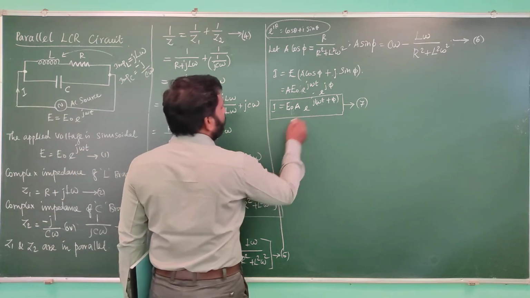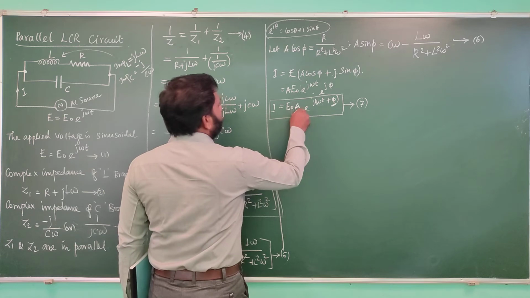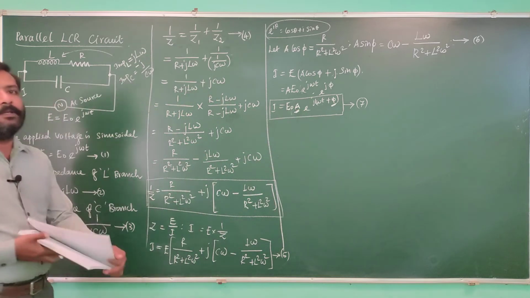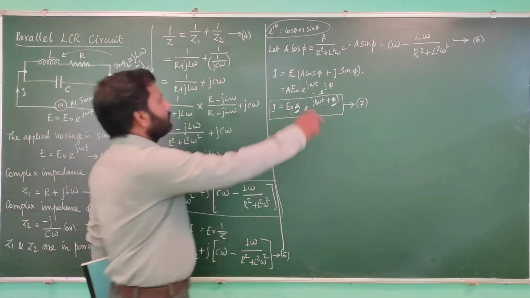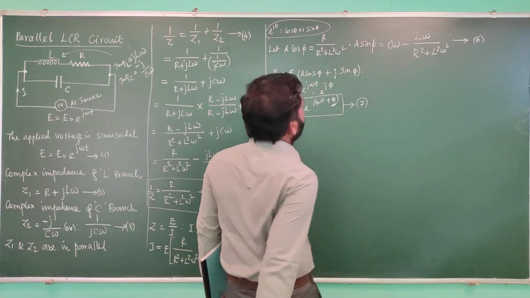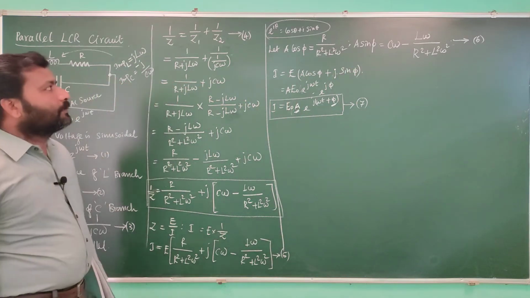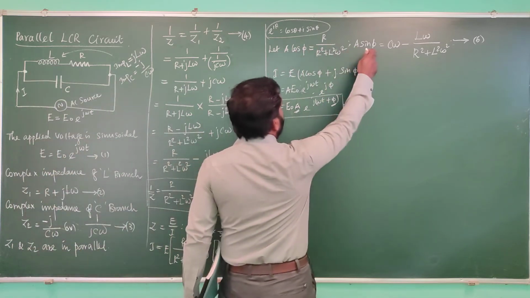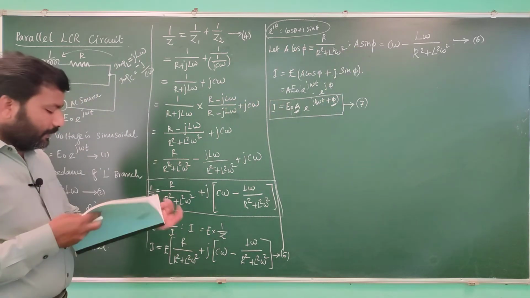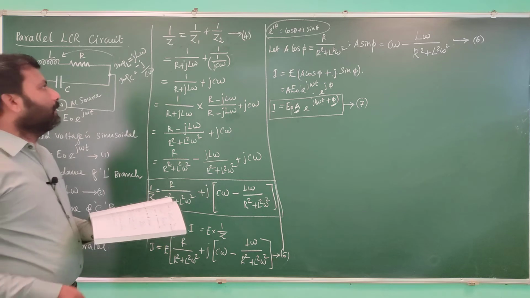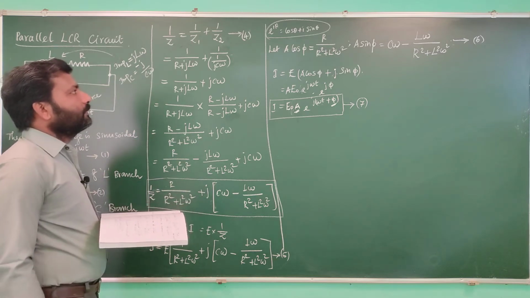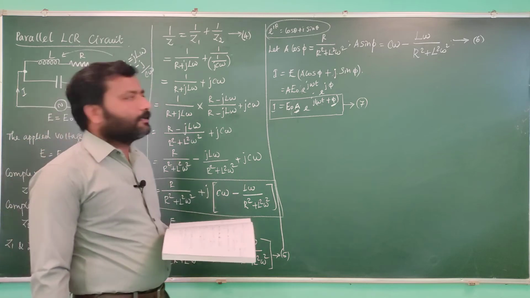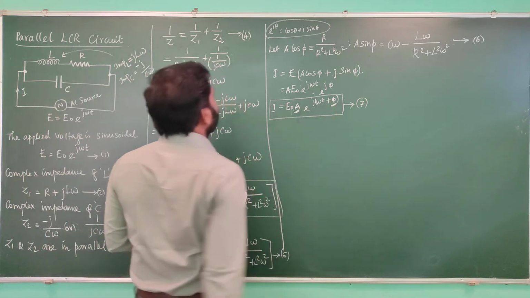In this expression, we have to calculate what is phi and what is A. We have to find the expression for phi and the expression for A. We can calculate that from this assumption, A cos phi and A sin phi, right? If we divide A sin phi by A cos phi, then we will get tan phi, from which we can get the expression for phi.